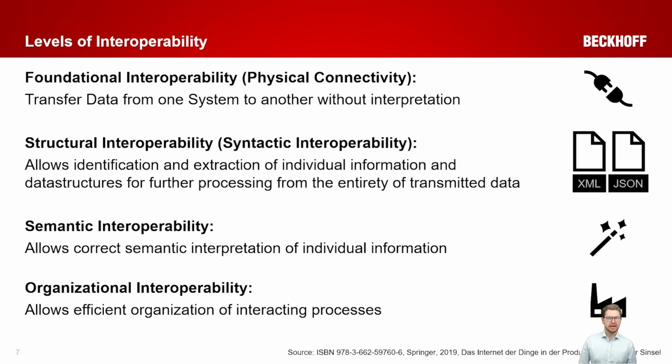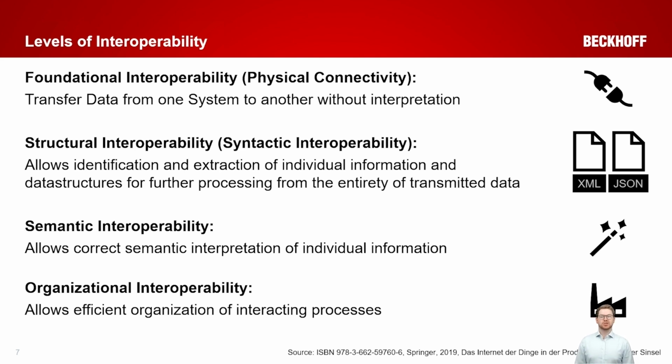Then on top of that, we have the structural interoperability, or also called syntactic interoperability, which allows the identification and extraction of individual information and data structures for further processing from the entirety of the transmitted data. For example, one element in the XML or JSON, because thanks to the tags, you know what is what.